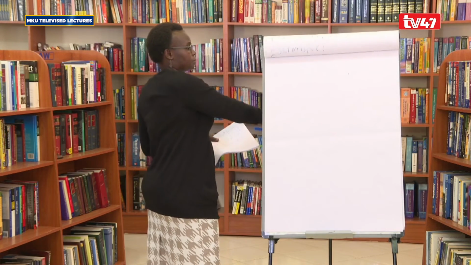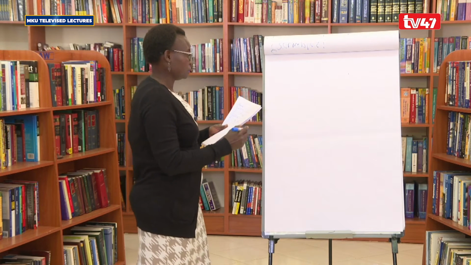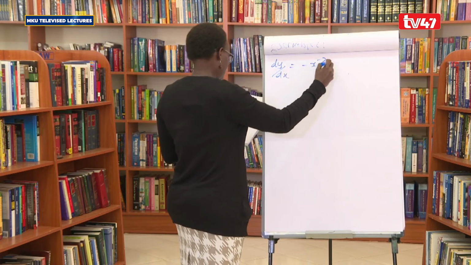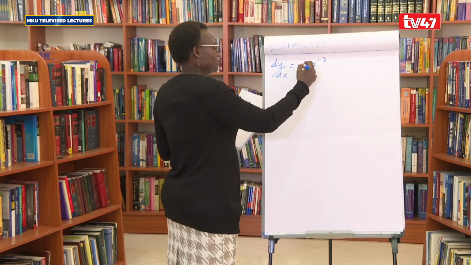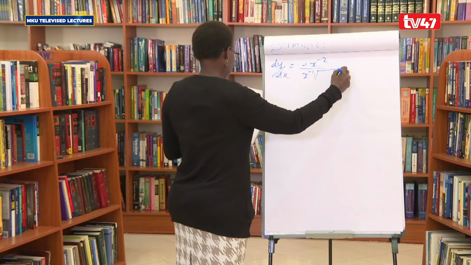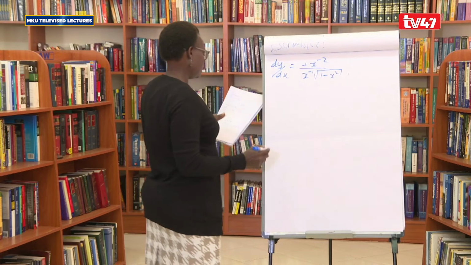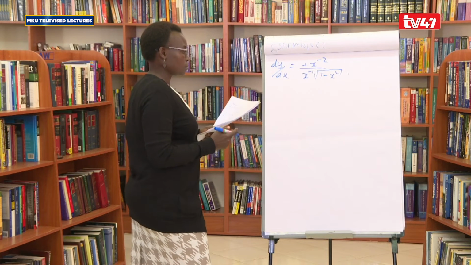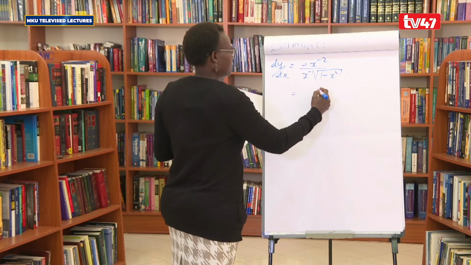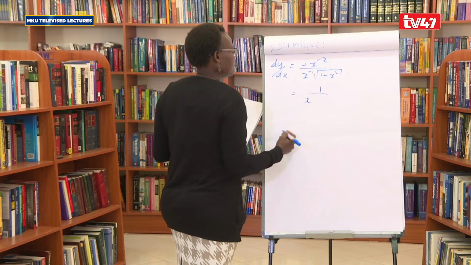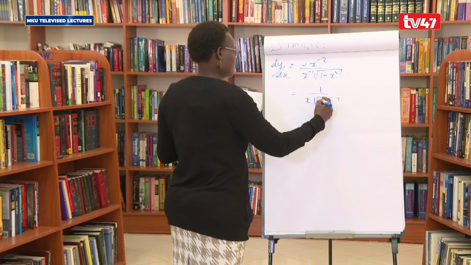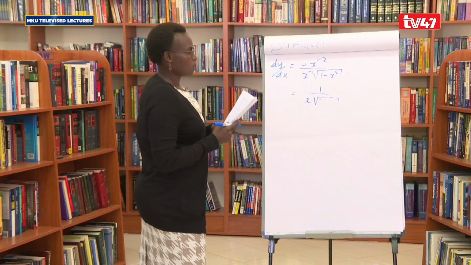So then our dy over dx is going to be negative x raised to power negative 2, negative, negative, so that would give us a plus, over x raised to power negative 1 times the square root of 1 minus u squared.